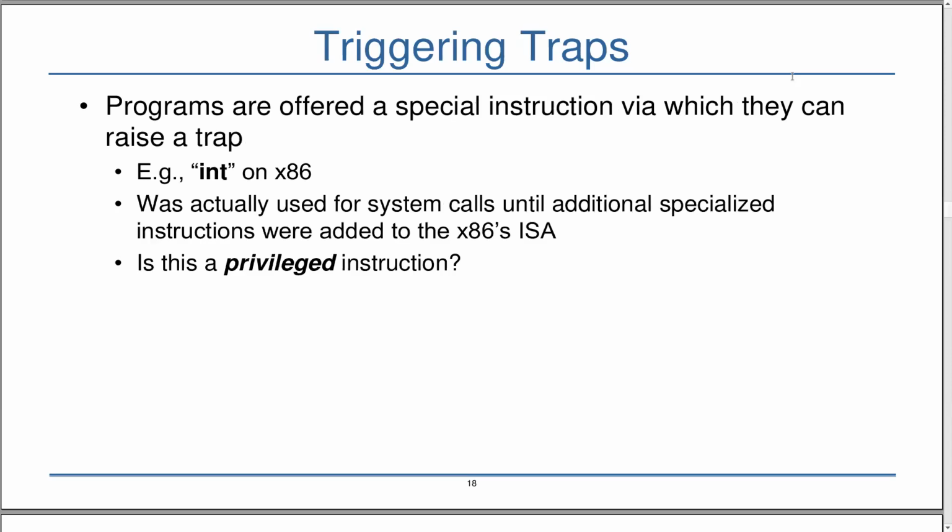So how can you trigger traps? Clearly, one way is because some condition happens: you execute a privileged instruction, or some illegal instruction, or you do something that would violate normal control flow.